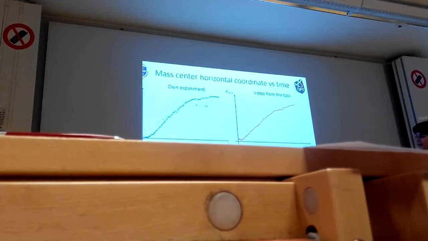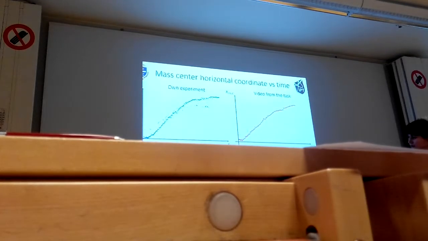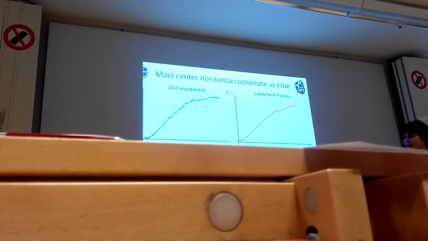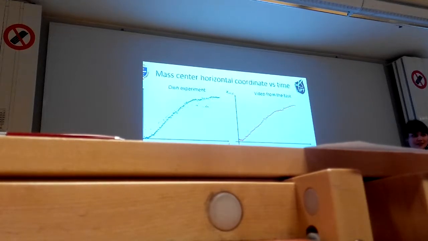On the right graph you can see our own experiment, and you can see that the motion of the center of mass is just forward, and there are no oscillations in the motion of the center of mass. So we decided to check whether our own experiment really correlates to the video from the task.